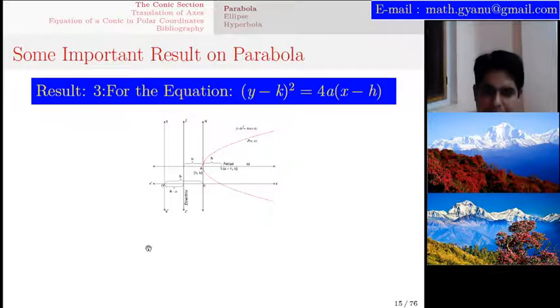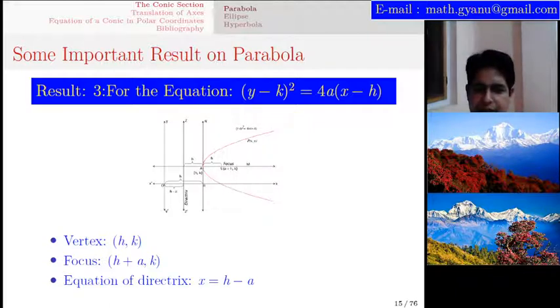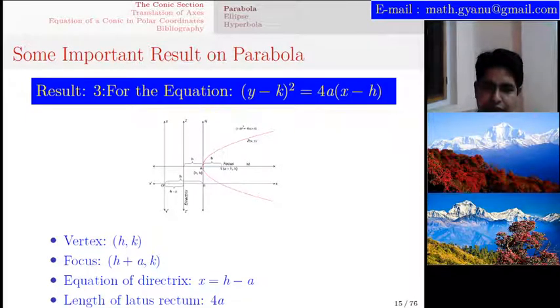So the vertex is (s, k), the focus is (s plus a, k), the equation of the directrix is x equal to s minus a, and the length of the latus rectum will be 4 times a. Try to memorize this result.